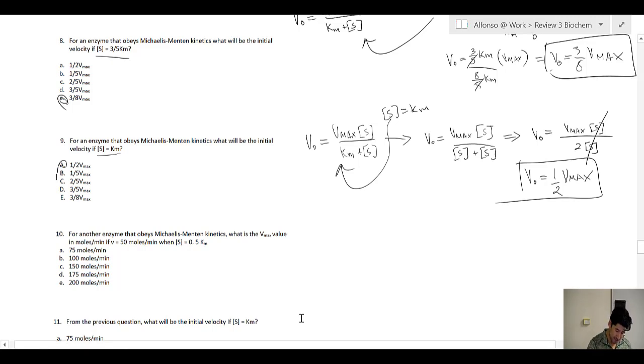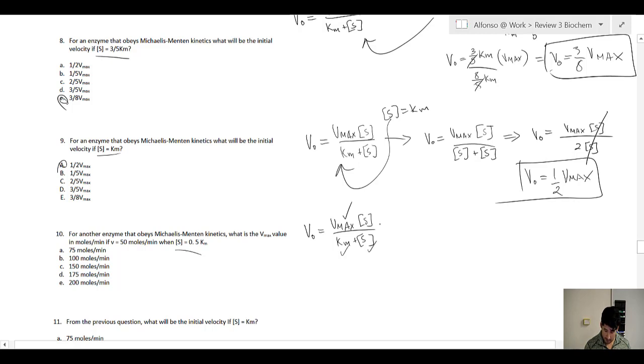Okay, so what is the Vmax value? So Vmax is what we want, and we're given the initial velocity. So I'm going to assume that this is the right equation that we can use. We're given that, and we also know substrate concentration and the Km.